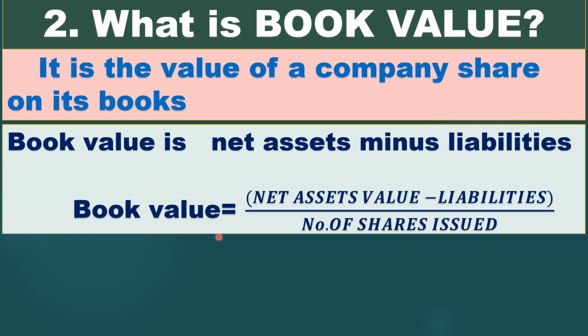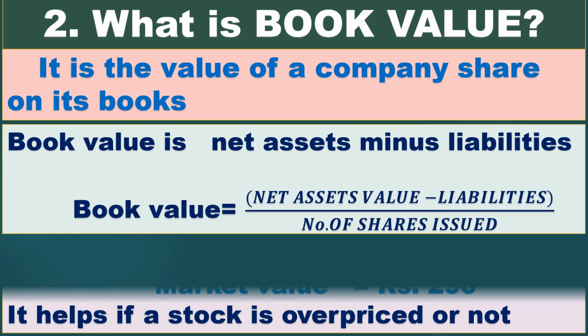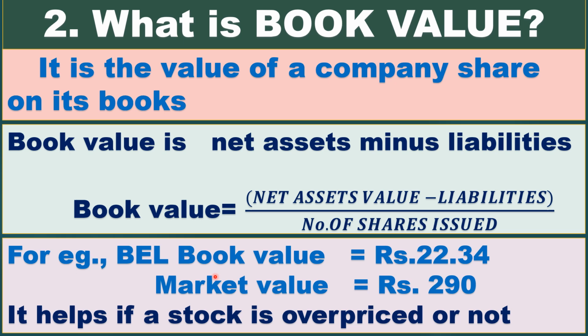Okay, now what is the formula used to calculate it? Book value equals net assets value, NAV, minus liabilities, divided by the number of shares issued by the company. For example, book value of Bharat Electronics Limited is rupees 22.34, and its current market value is rupees 290.